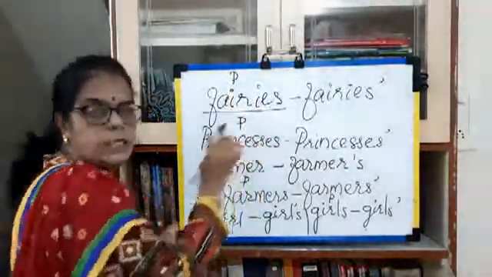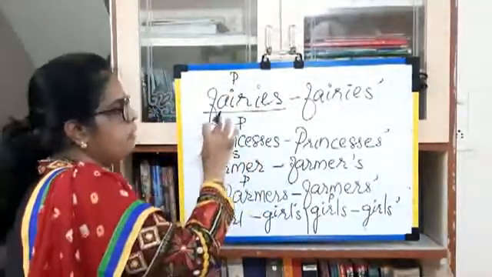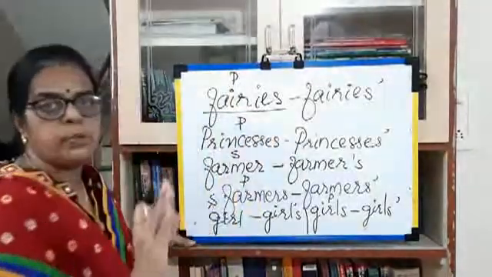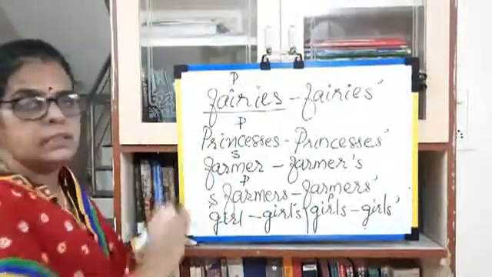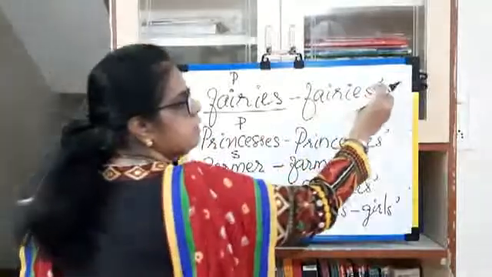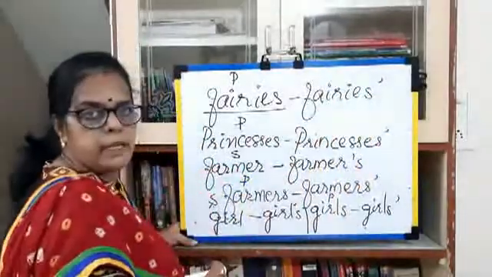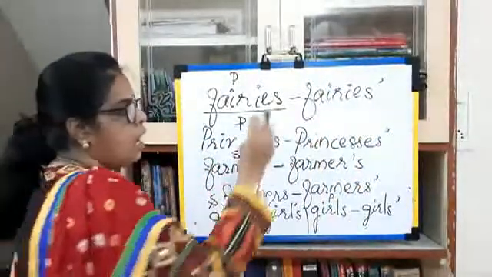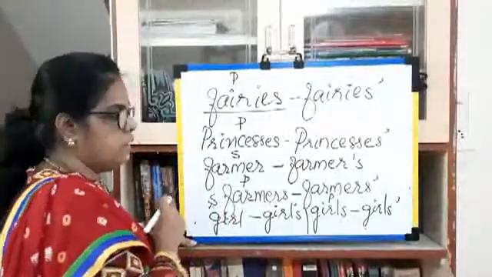See, I explain it. Fairies is a plural, right? Fairies is plural. Where do we put the apostrophe in a plural word? We put it after the s. In a plural noun, after the s we put an apostrophe. This also is plural. Princesses, plural word.